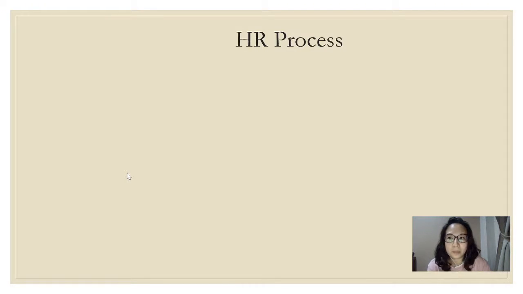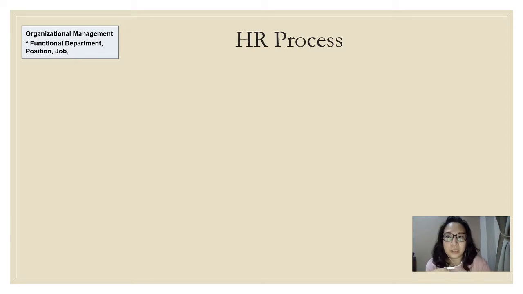So basically the HR process will be differentiated into, the first one is to create the organizational management, whereby actually we define the structure. So in the structure we will define like the functional department. It means we define what is the department that will be in the company.